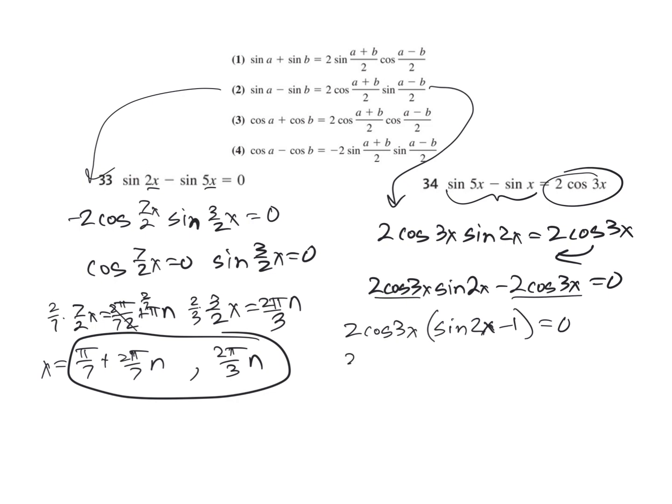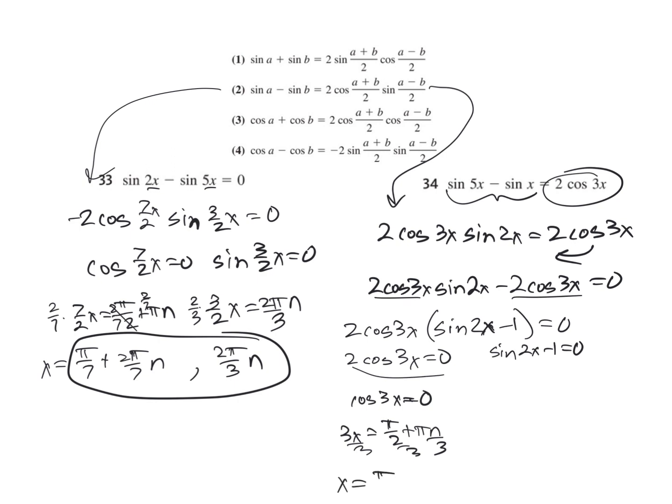Okay, so either 2 cosine of 3x equals 0, or the sine of 2x minus 1 equals 0. All right, so divide off the 2, and cosine of 3x equals 0. So where does the cosine equal 0? Cosine, again, equals 0 at pi over 2 plus pi n. Divide everything by 3, and x equals pi over 6 plus pi over 3 n.